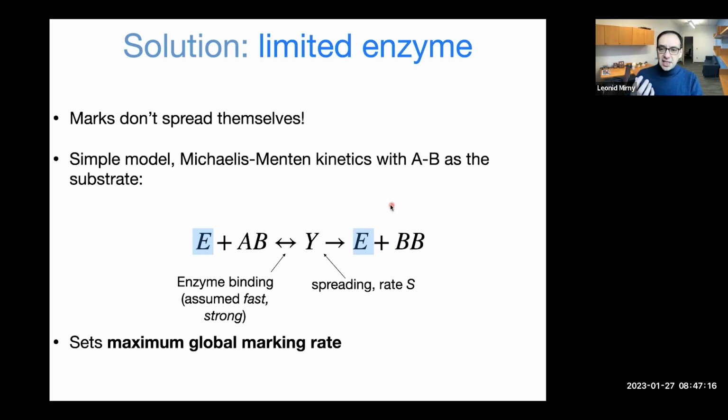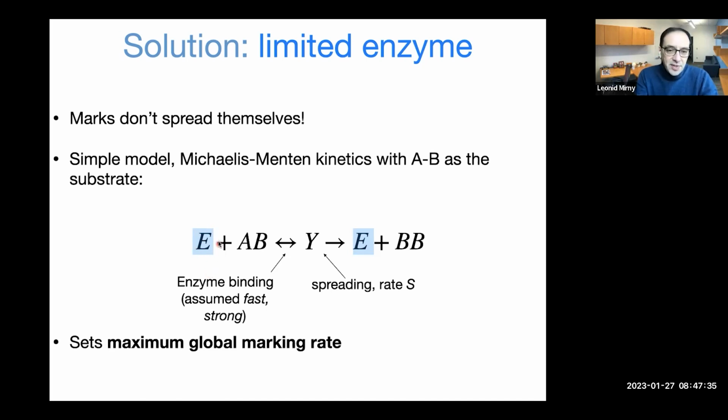But this enzyme sets the maximal rate at which this reaction can operate. So if you have a limited amount of the enzyme relative to its substrate, the substrate being histones, then we can potentially limit the spreading of the marks.